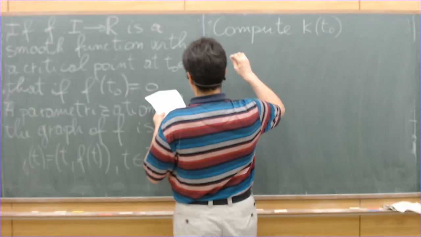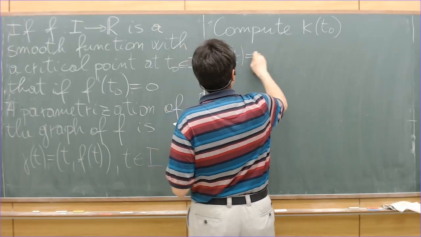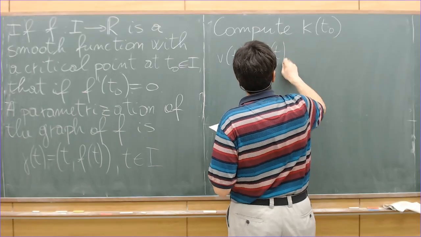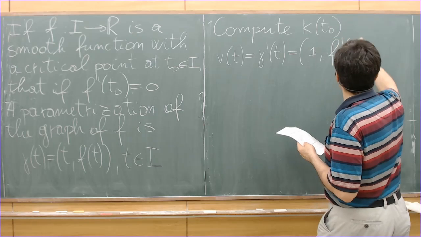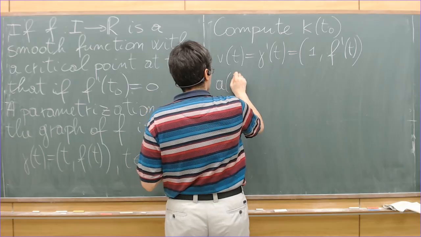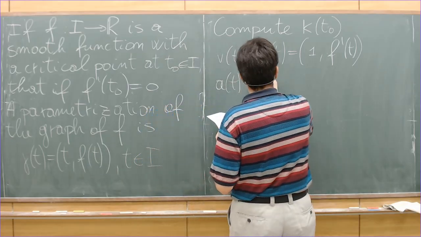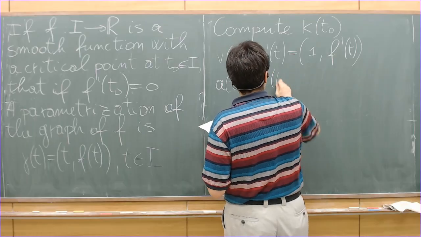So let's compute the velocity vector. V of t is gamma prime of t. This is 1, f prime of t. A of t is v prime of t.